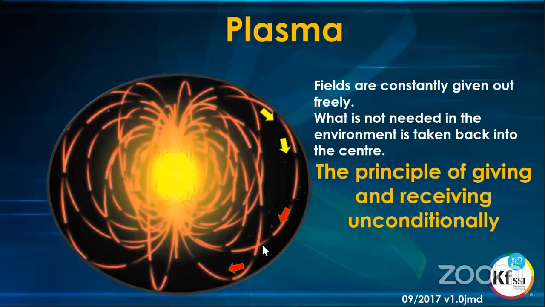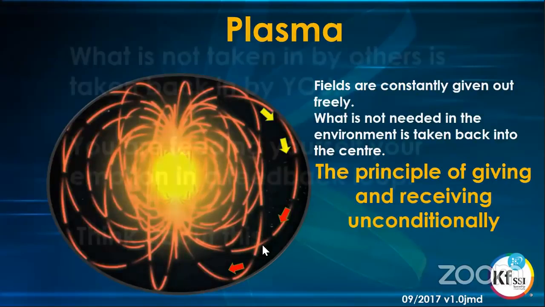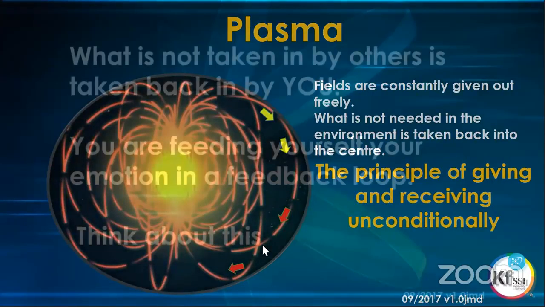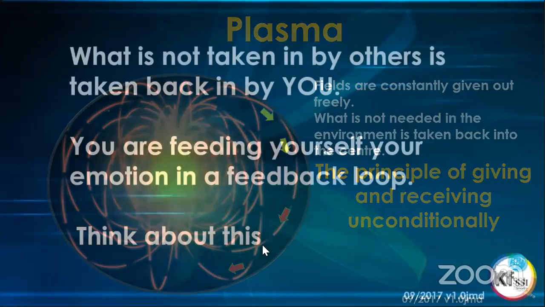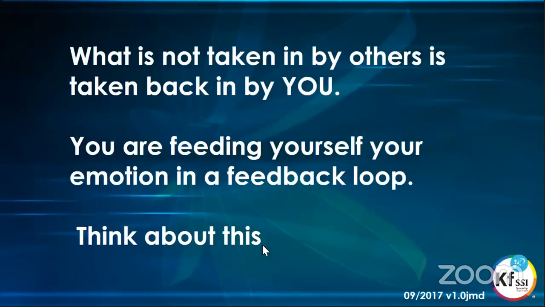And obviously, what isn't given out and taken by others comes back in. So if you're giving out, it automatically also comes back in. So we have to think about this really carefully, because you want to give out the things you want to take back in as well. What's not taken in by others is taken back in by you. You feel yourself, your emotion, in a feedback loop. And that is quite important.